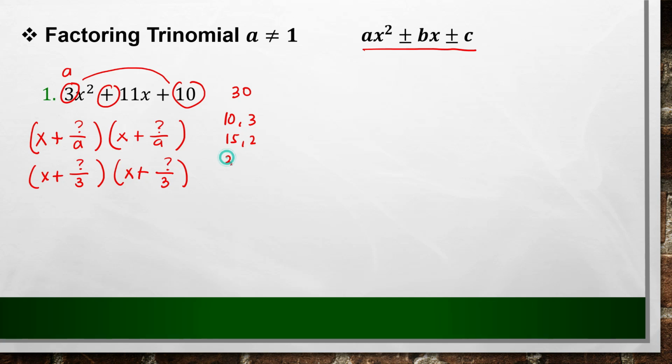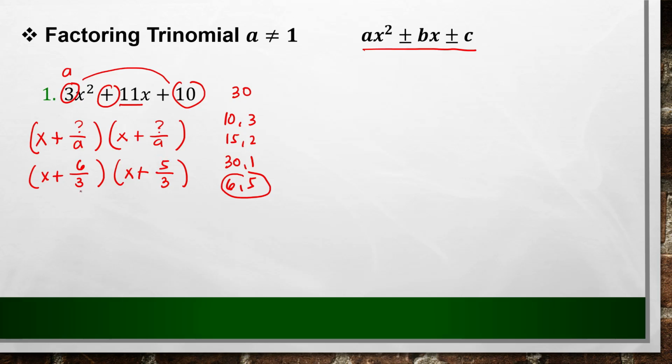We can also have 30 and 1, 6 and 5 as well. So among these four pairs that we found, which one is going to give us a sum of positive 11? That is right, the last pair, 6 and 5. So now what I'm going to do is I will replace those question marks by 6 and 5. So it doesn't matter where to put the 6 and 5.